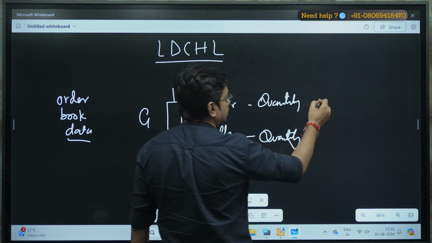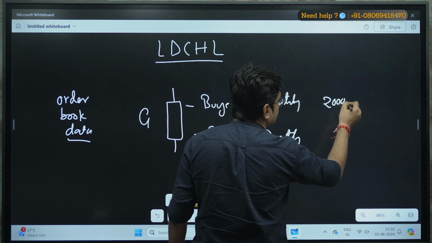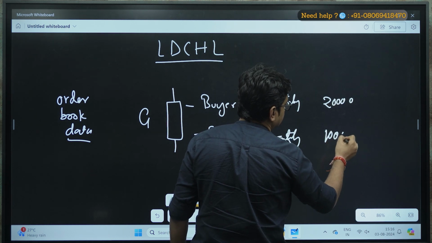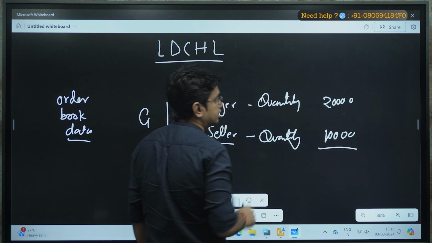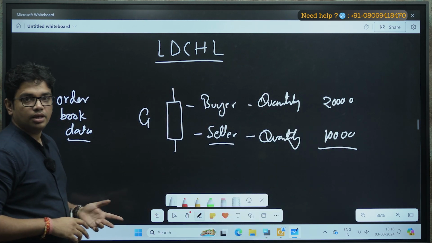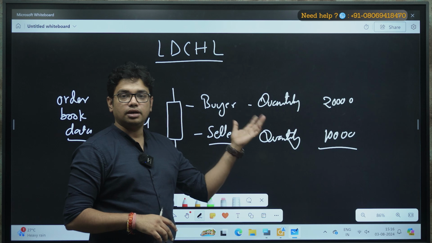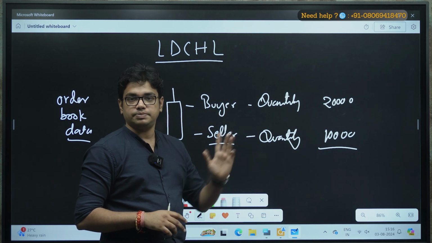Let's just say the buyers are 20,000 and the sellers are 10,000. Here the buyers are twice the sellers, which clearly indicates that the price might go up from this particular candle.